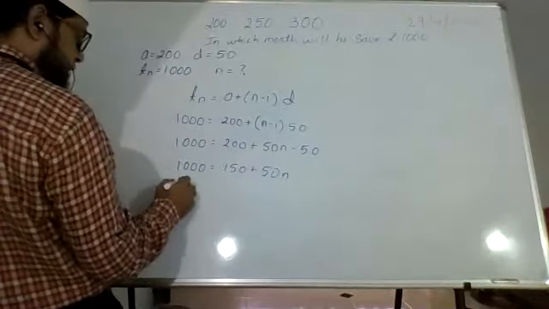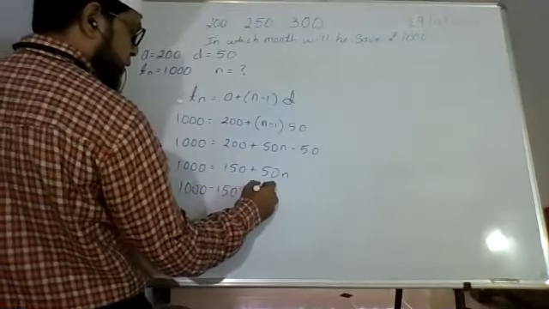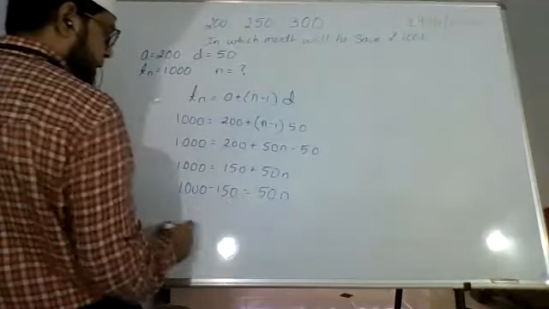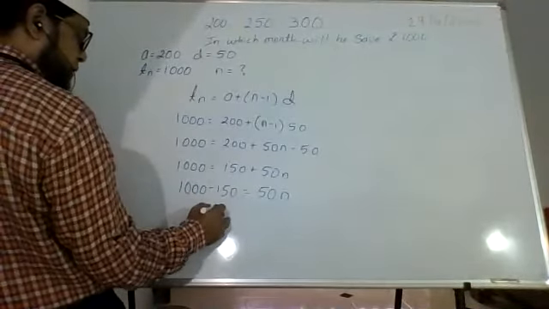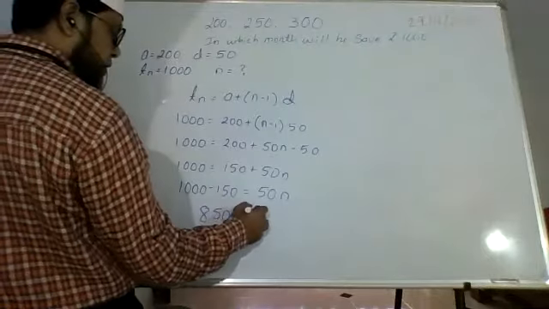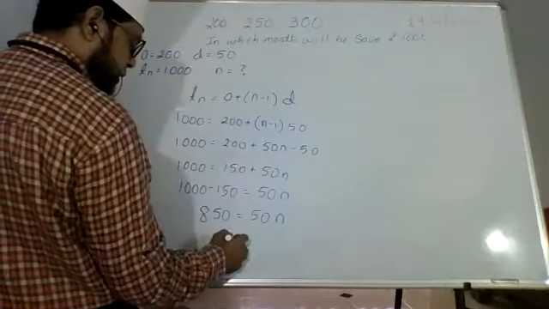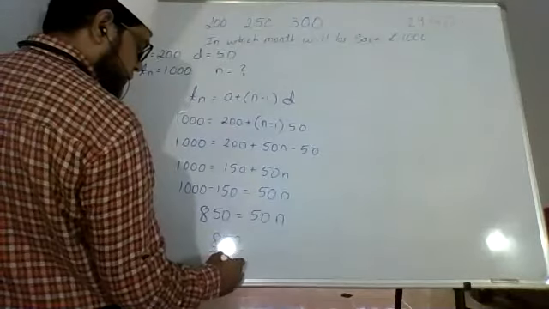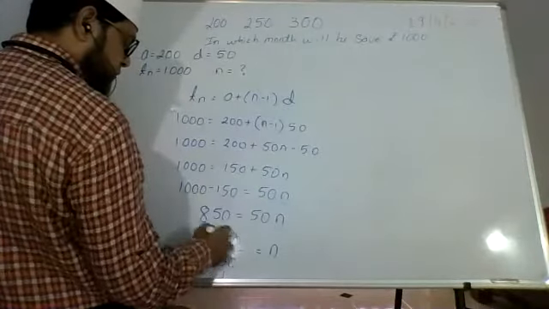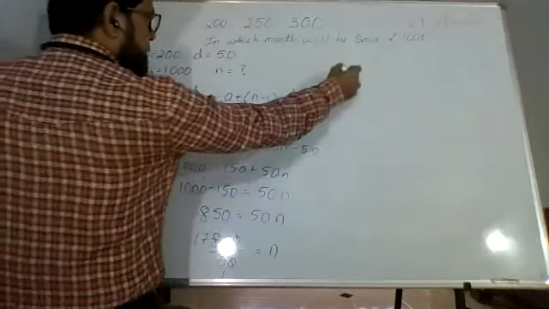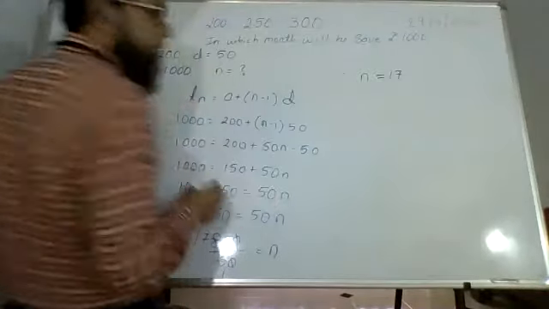Bring this 150 to this side: 1000 minus 150 equals 50n. 850 equals 50n, so n equals 850 upon 50. Therefore, n equals 17.